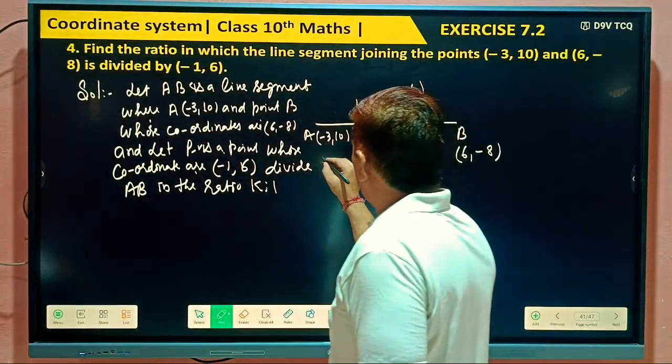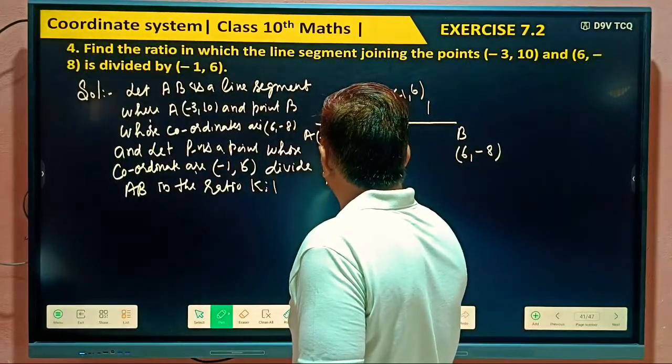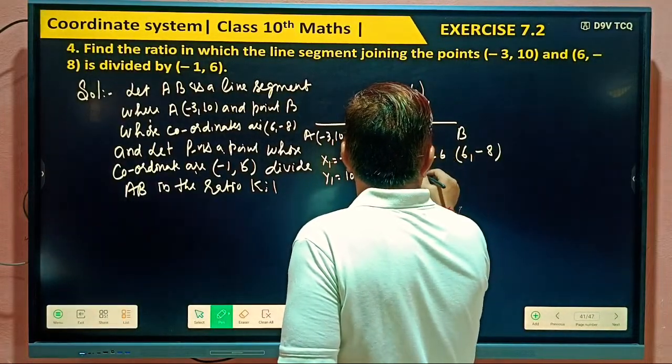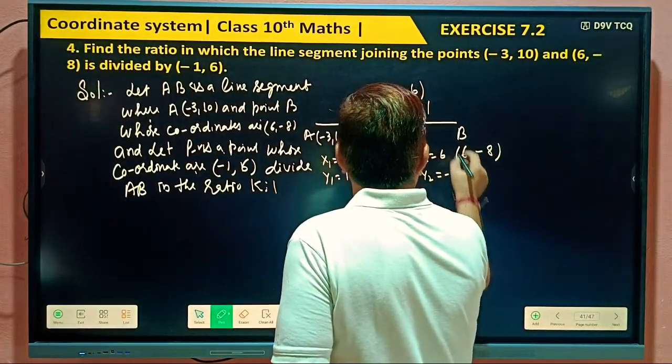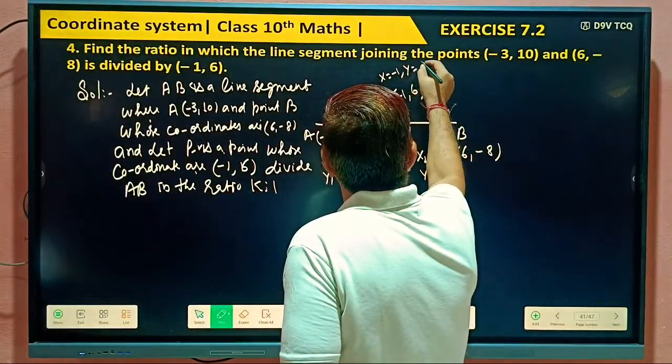Understood? Here x1 equal to -3, y1 equal to 10, x2 equal to 6, y2 equal to -8, x equal to -1, y equal to 6.